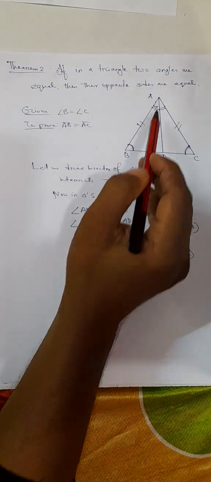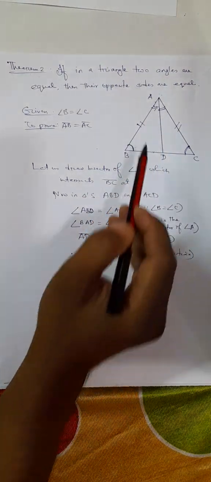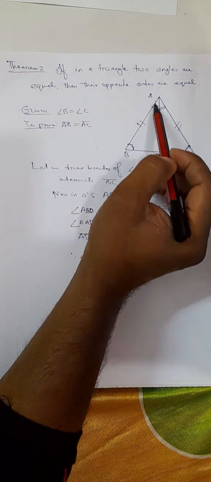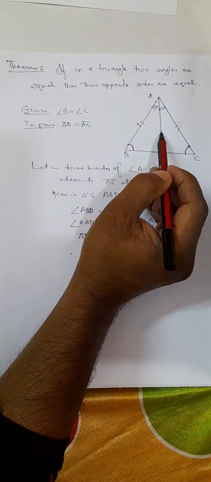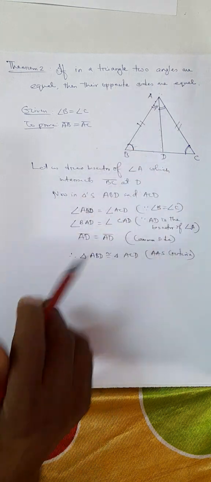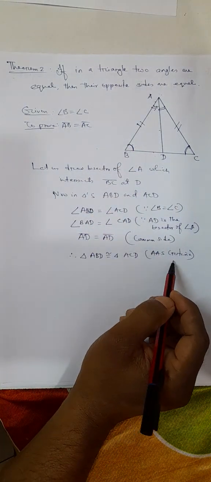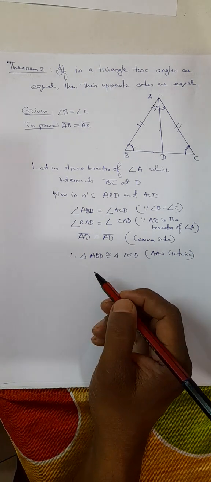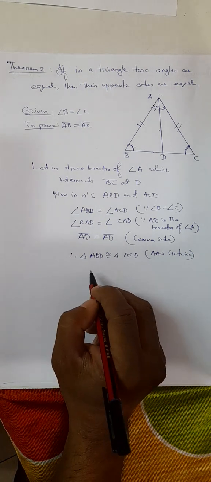Two angles and one side. This side is not included by these two angles, angle ABD and angle BAD. And this side AD is not included by these two angles. So this is called AAS criteria. So these two triangles are congruent. Now we know that in congruent triangles, corresponding parts are equal.